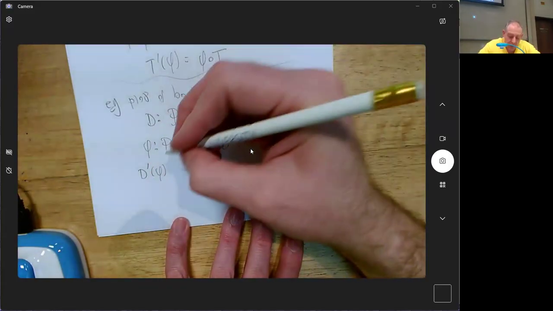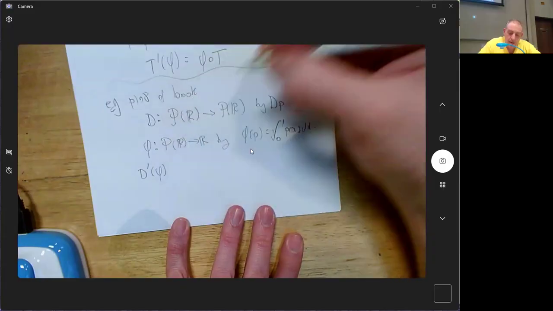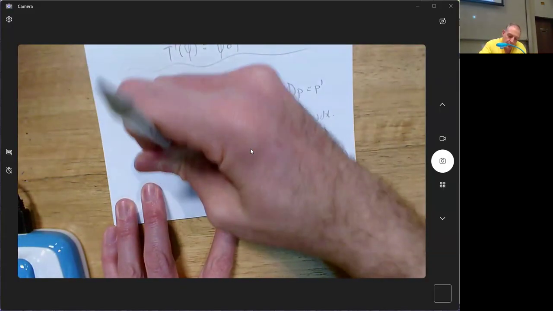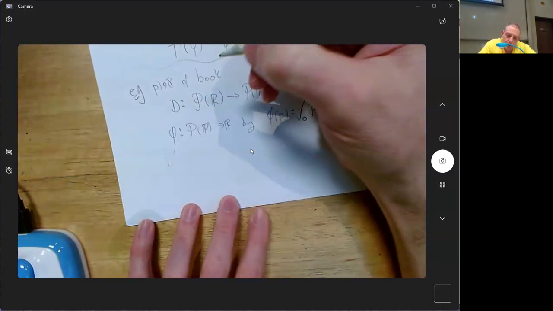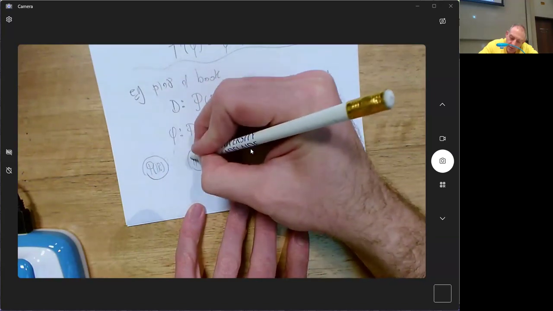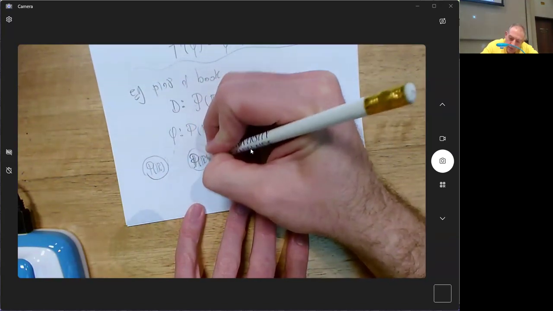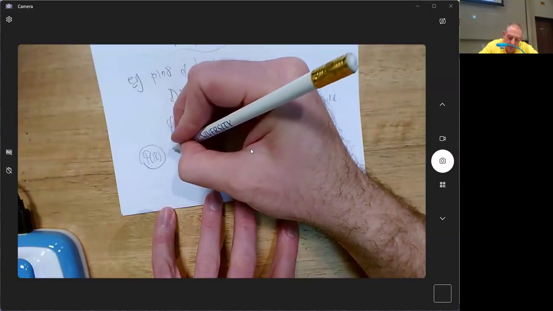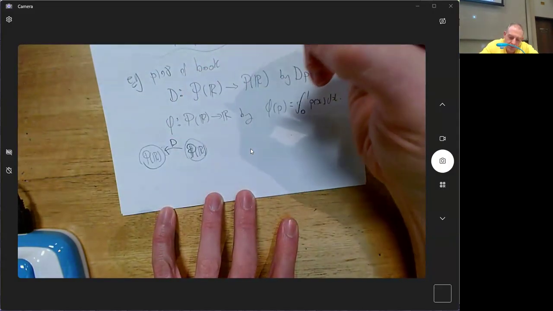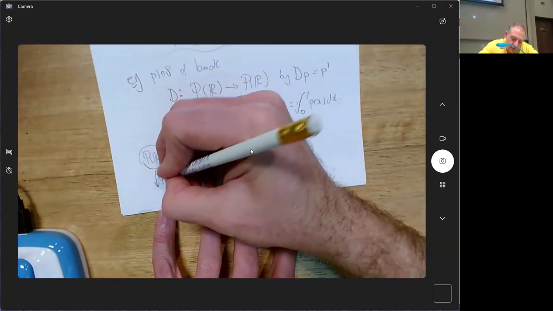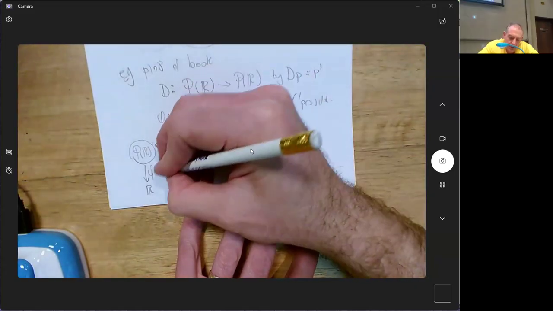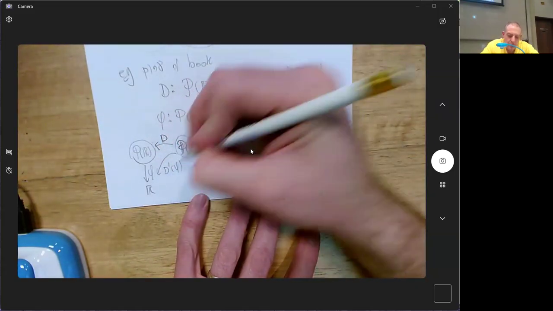Okay, so I just want to draw the picture. So you've got P(R) and you've got P(R) again, and D does this. And then you've got phi, which sends that to R. And then you've got D dashed of phi, which goes that way.